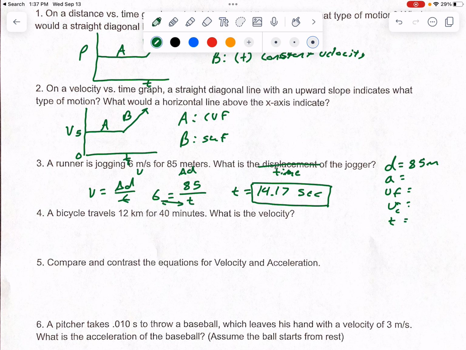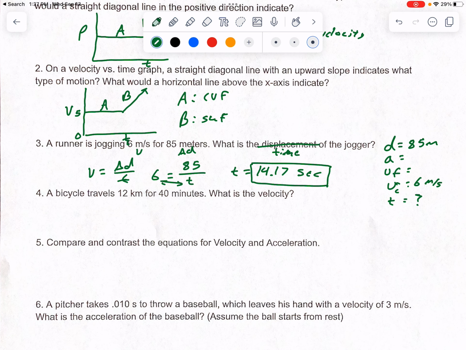You wouldn't even be able to put it anywhere. So let's just say you picked one, let's say it's initial. What is the time? So you're looking for time. That means you don't have A or VF, so you would see that there's not enough there. So that's a hint: if you're used to doing Daffy T and there's not enough there to do it, that means you don't need to do Daffy T. That means you just got to use one of your more basic equations like V equals D over T.